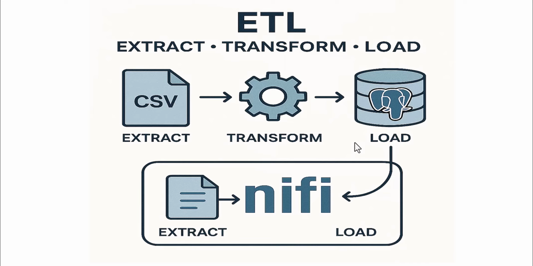For example, you have a CSV file, and you want to transfer this CSV file to a PostgreSQL database or MySQL database or whatever database. You can read this data and then transfer and load it, save it into the database. So ETL will help you to do all this process.